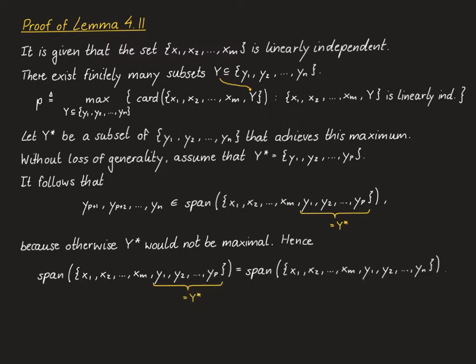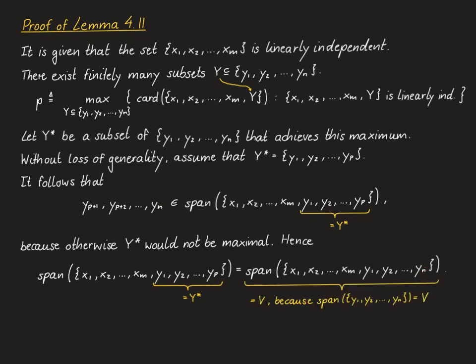And since these vectors are in the span of this set of vectors anyways, it doesn't change the span if we add these vectors to this set. So we get that the span of these vectors is the same as the span of the vectors where we have now added the vectors y_{p+1} through yn.